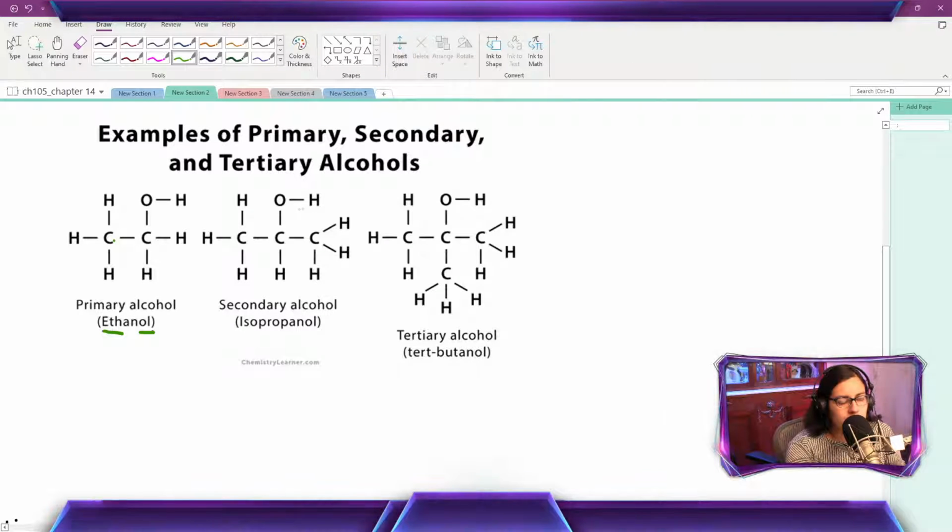Looking at isopropanol, does anybody know what isopropanol is used for in chat? Isopropanol is usually your rubbing alcohol.